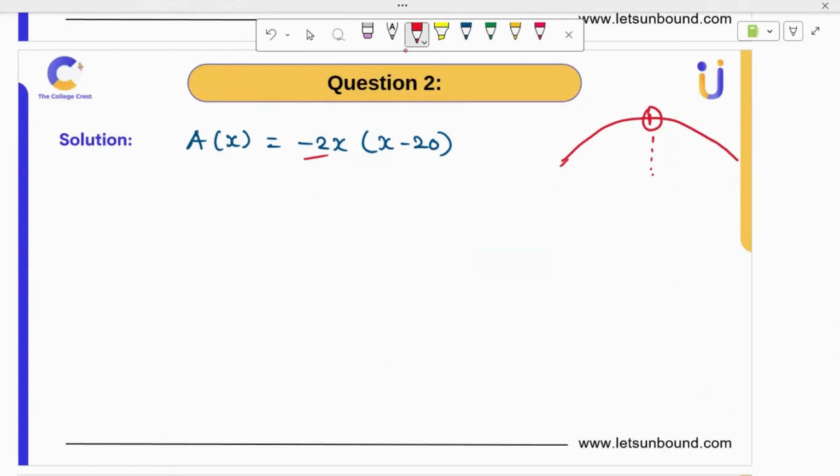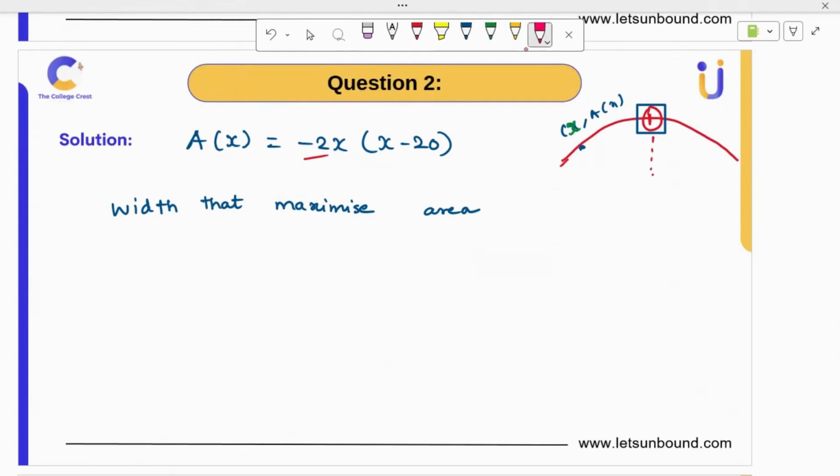Exactly the midpoint, because it's symmetrical, right? Every point on the parabola will be x comma A of x, correct? So maximum means it will occur at the vertex. How can I find the vertex? You don't need the complete vertex, you can just find x. You just need the x coordinate.